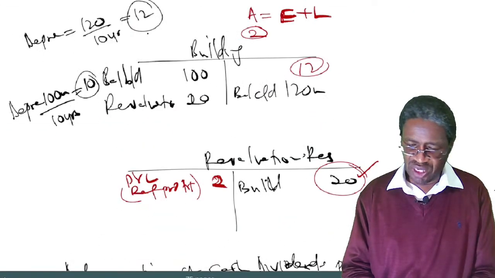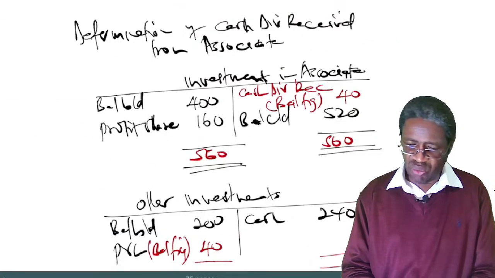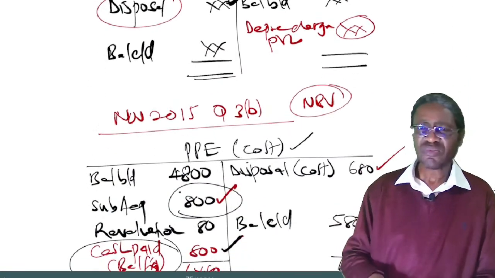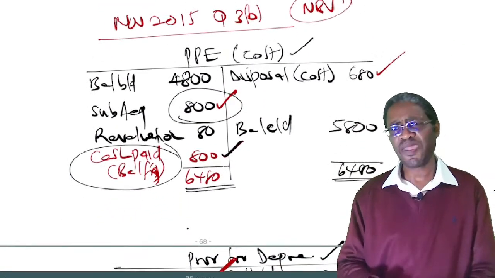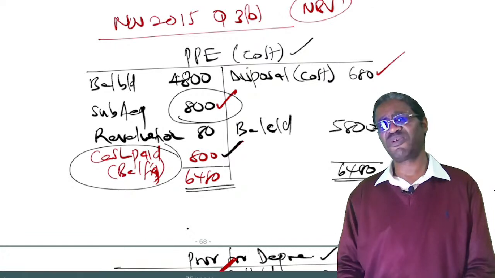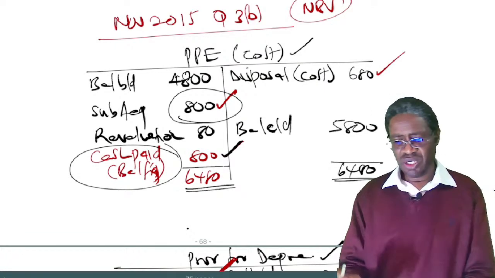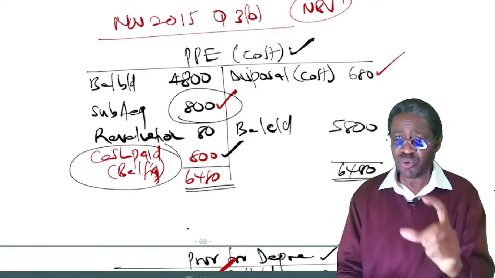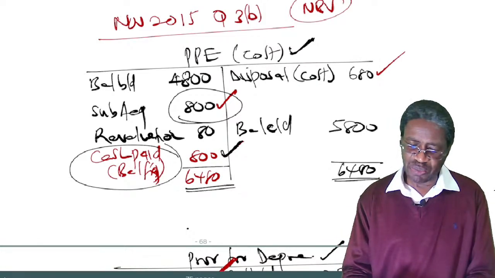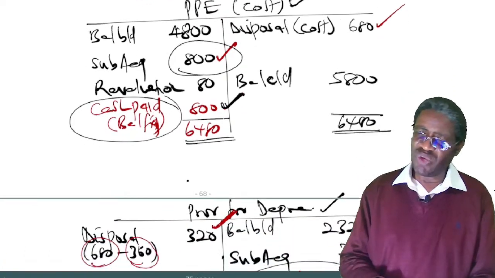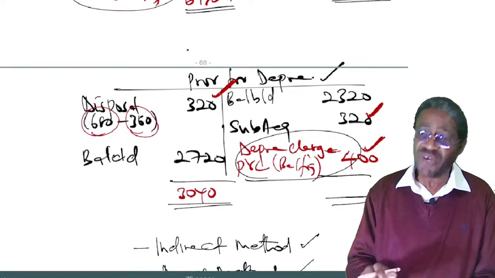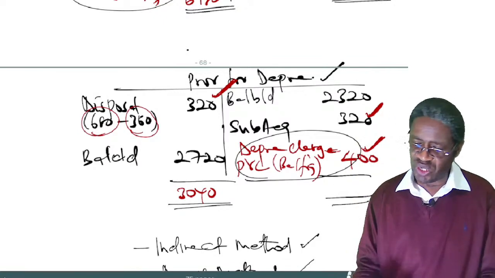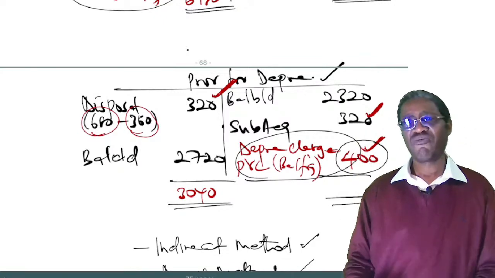Let me confirm from our workings, where we analyzed the account of the property, it was the first one. Good. This was the question of November 2015, question number 3. You can see we analyzed the account of the property to help you get the cash paid to acquire new ones. Then we analyzed the provision for depreciation account, and it helped us get this depreciation charge for the year.